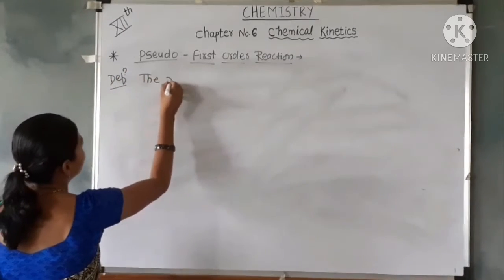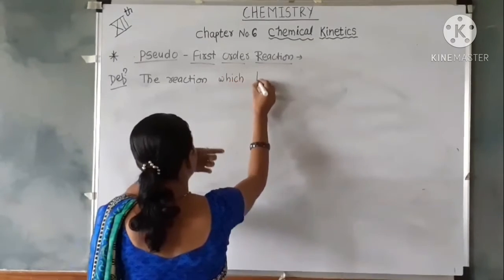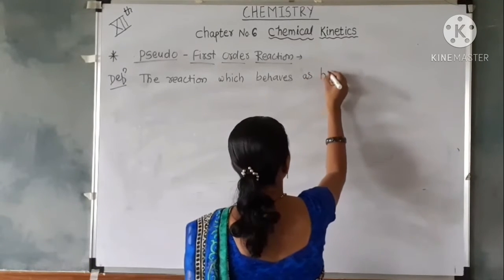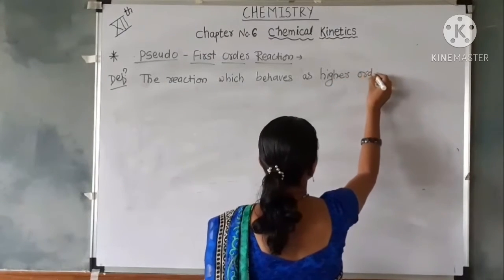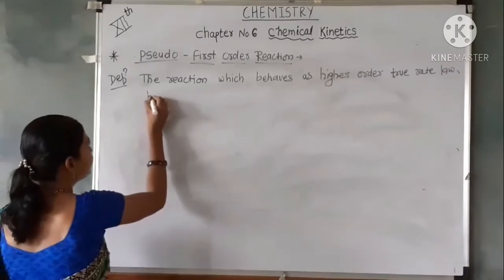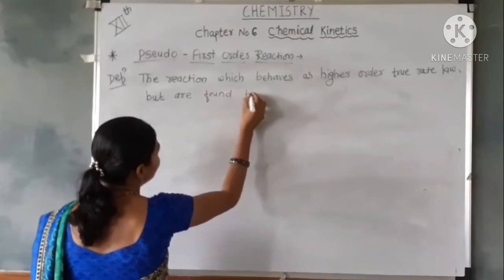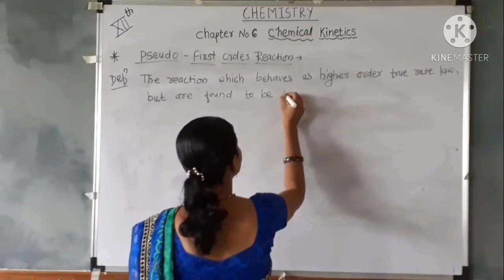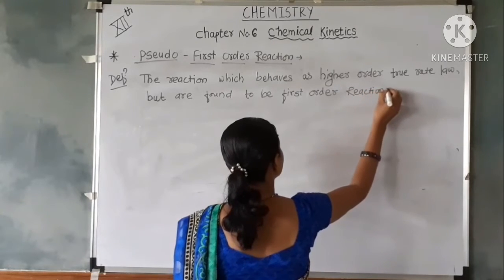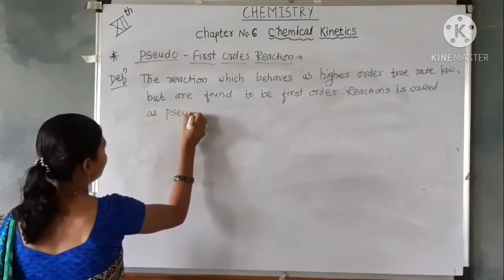The reaction which behaves as higher order, following the true rate law, but is found to be first order reaction, is called a pseudo first order reaction.